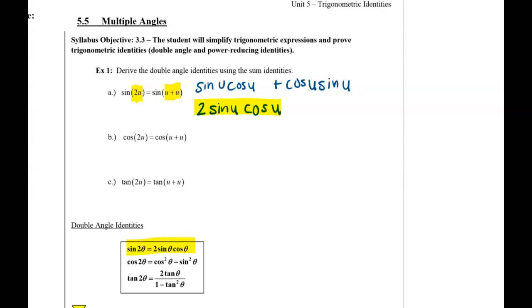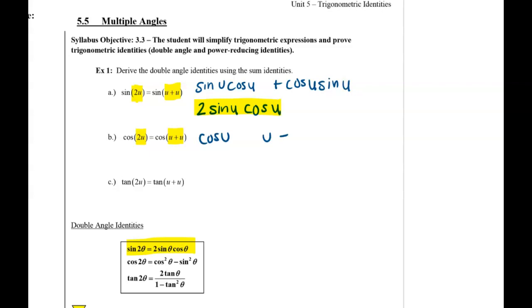All right, so now we're going to use the sum identity for cosine to do the same thing. 2u is the same thing as u plus u. Now I have cosine of u plus u, which is equal to cosine u cosine u.